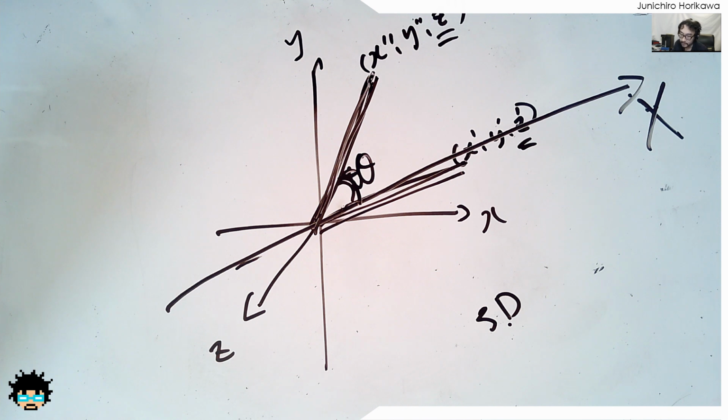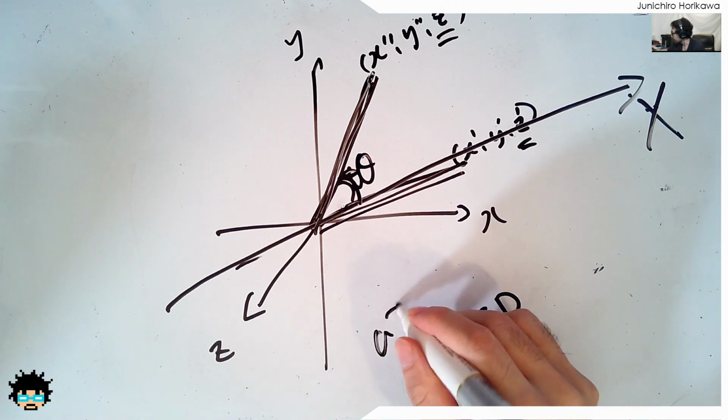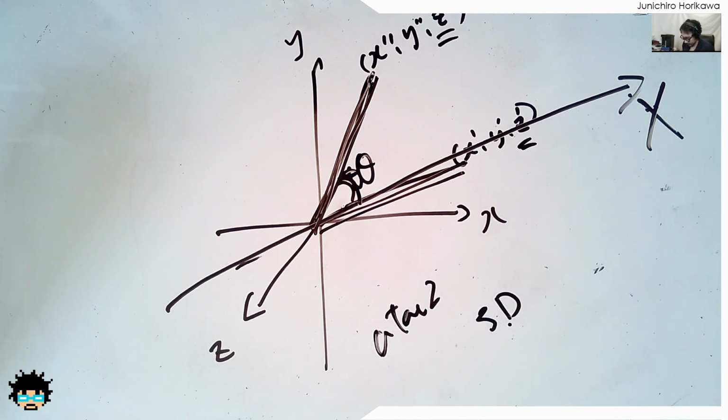By doing it, you'll be able to estimate any kind of vectors on the 3D space using the same function, like atan2.